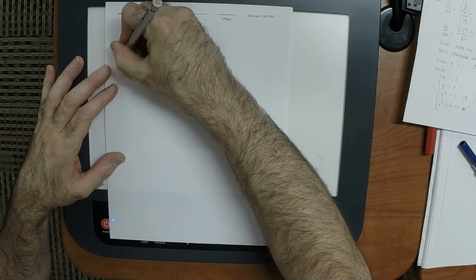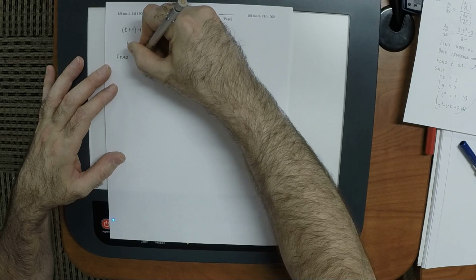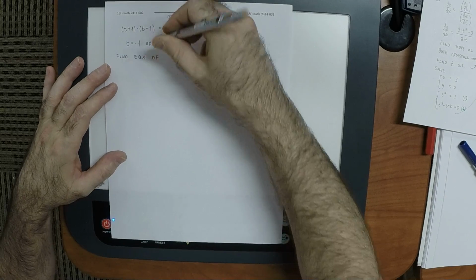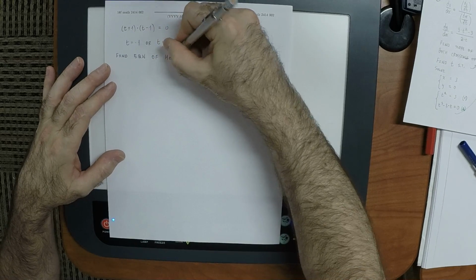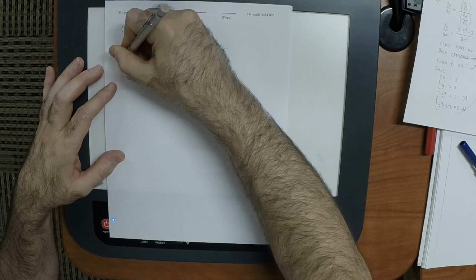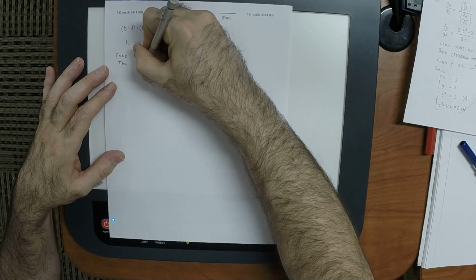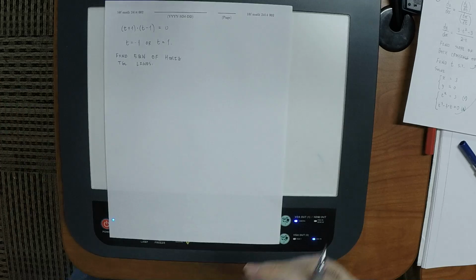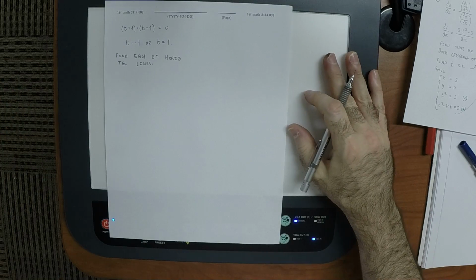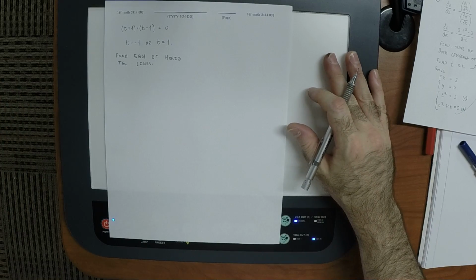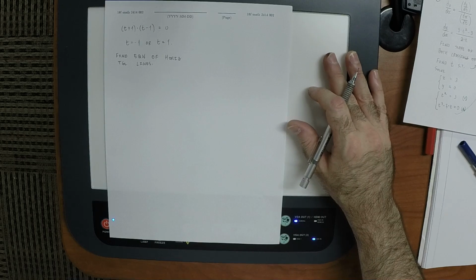Find the equation of these horizontal tangent lines. Now, because they're horizontal, the slope is 0, so they have to be of the form y equals some constant. So how do we figure out that constant?